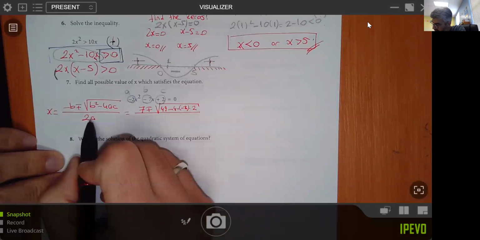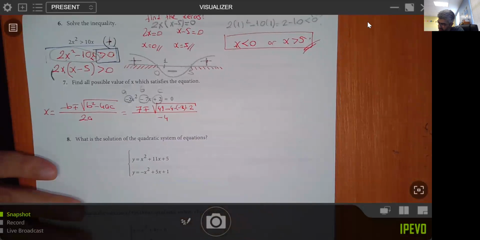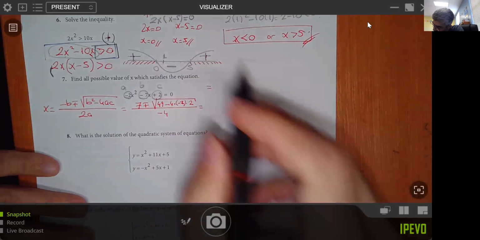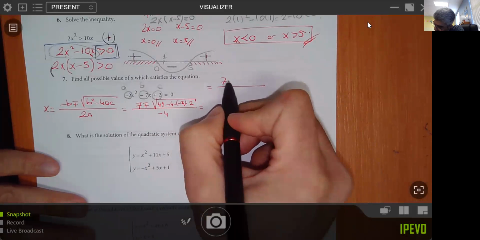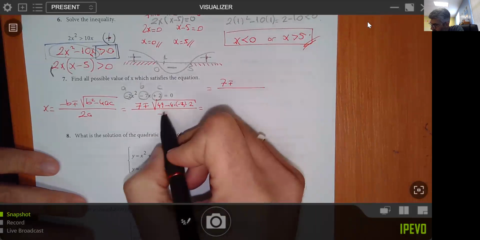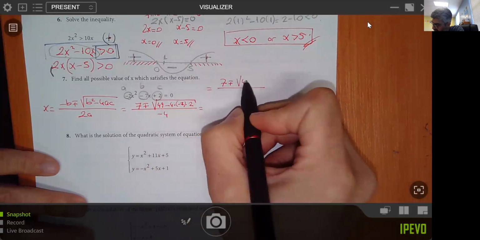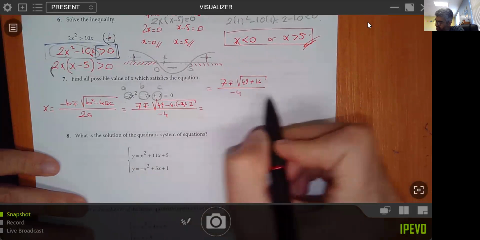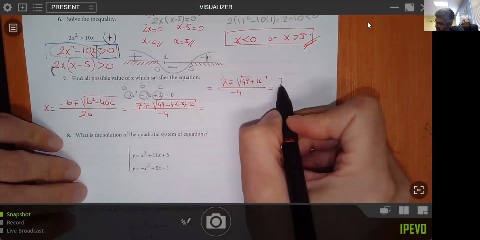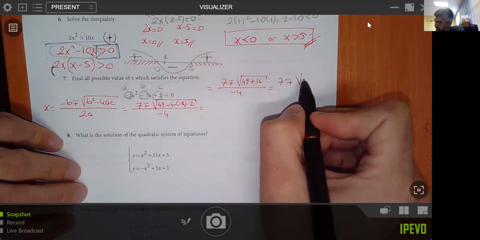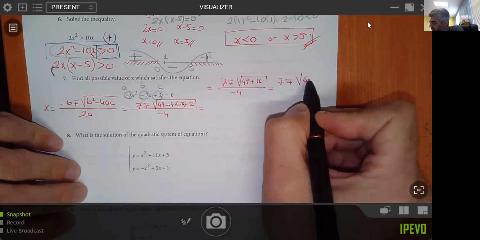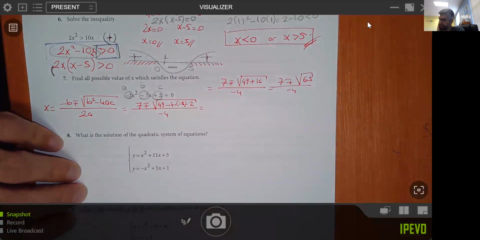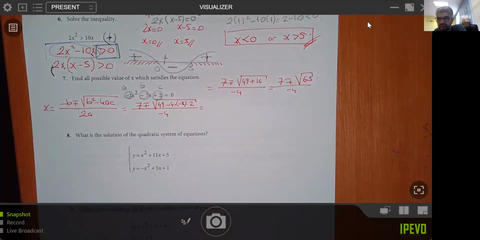Negative 2 times -2 is -4. So we have 49 plus 16 over -4, and it is 7 plus or minus the square root of 65 over -4.